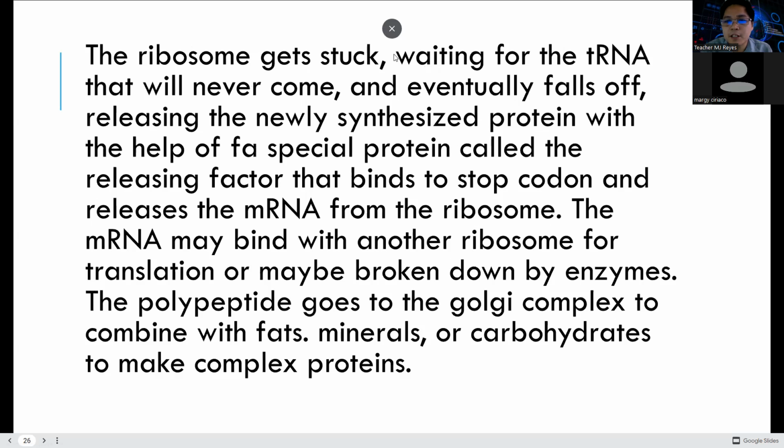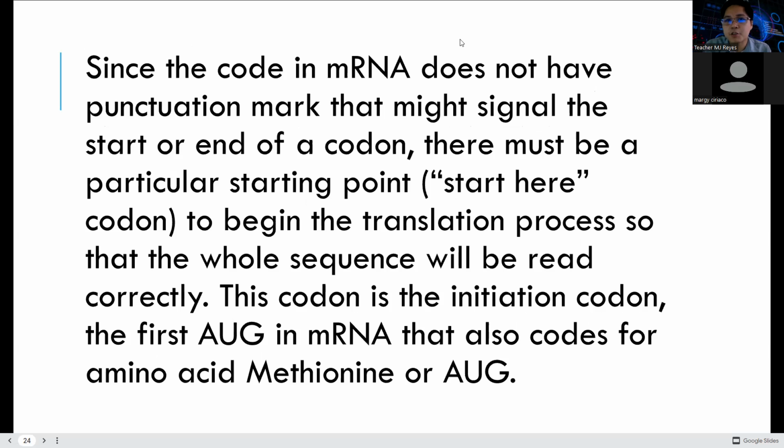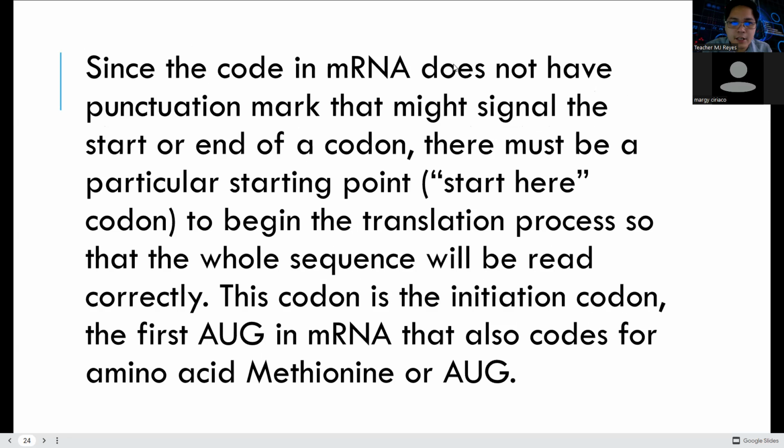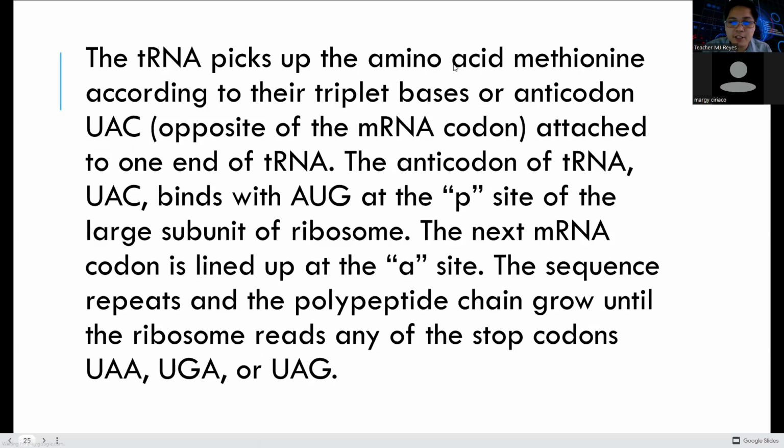Let's continue by next meeting. Am I making this clear? Do you have any questions so far? Again, as early as now, please take note of the start codon, or starting codon, and the end codon, or the stop codons. Initiation codon and the stop codons.